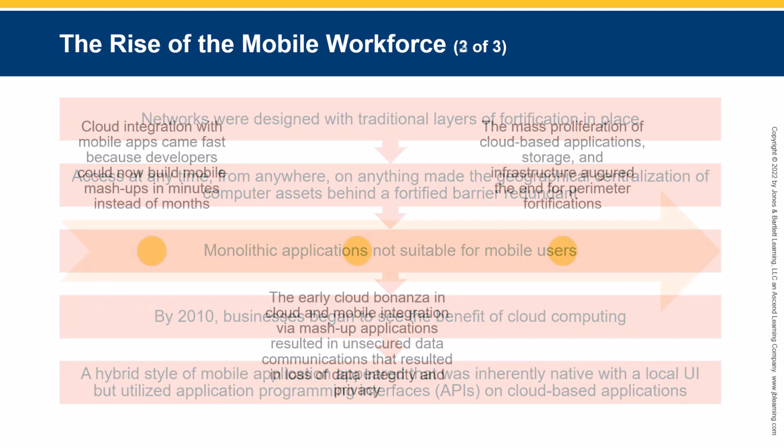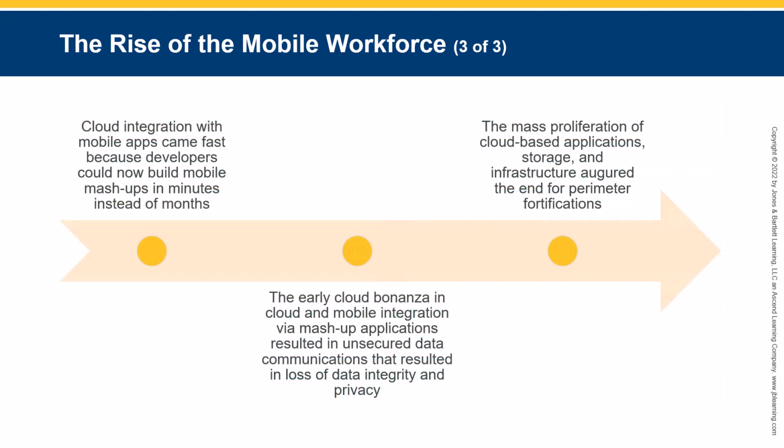All of this allows us to have that mobile workforce. So with the integration of cloud technologies, mobile apps became fast because the developers could now use this mashup setup in minutes instead of months, being able to streamline the application development.